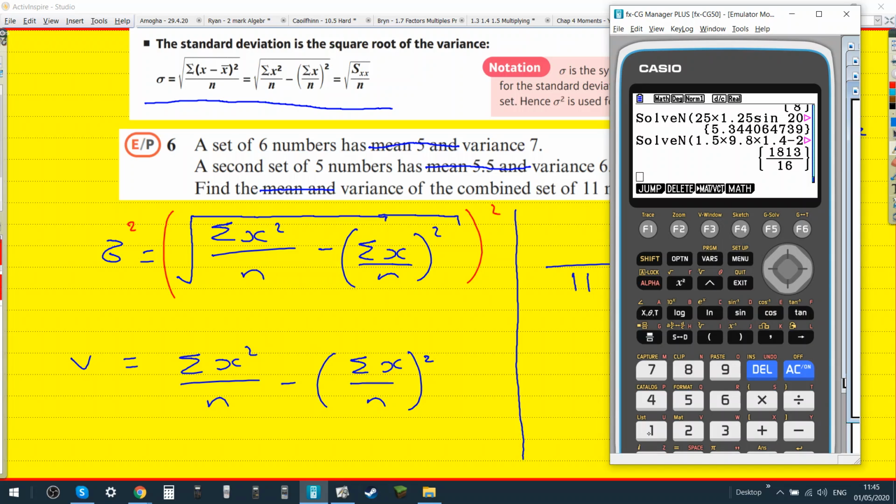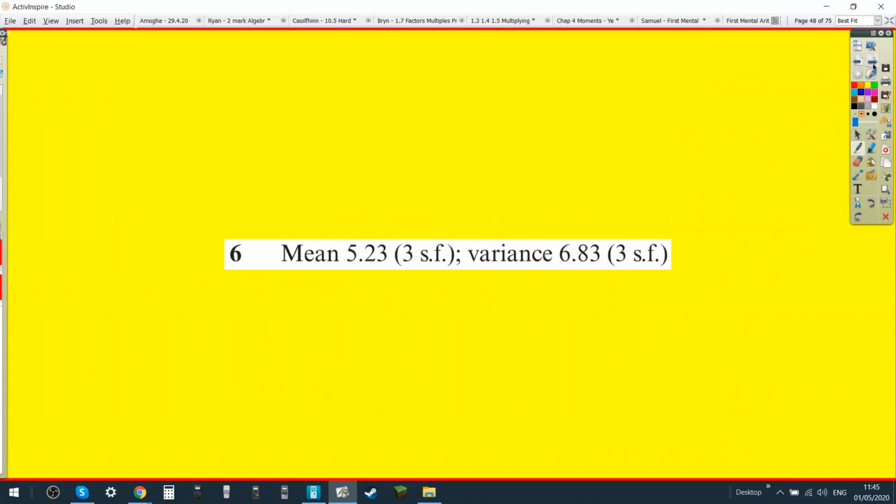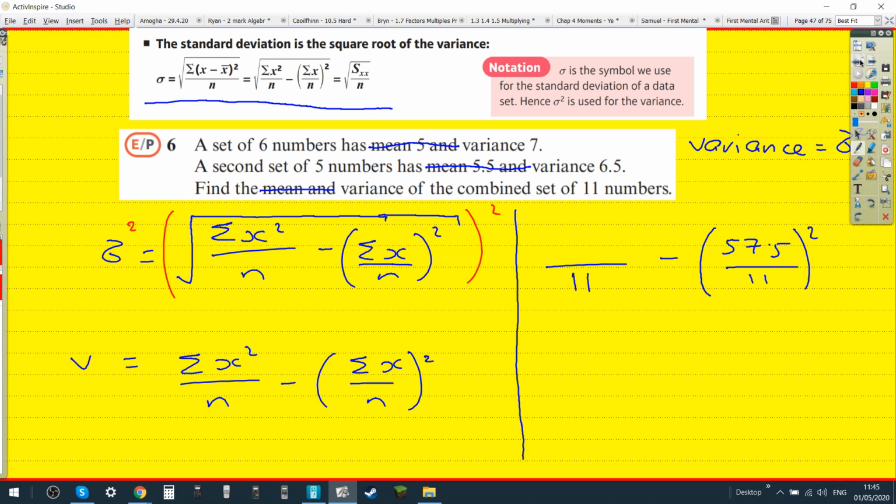There were 6 numbers and they had a variance of 7. So 6 times 7 plus 5 times 6, and that's over 36. 6.83. Not sure how they're getting that last bit.